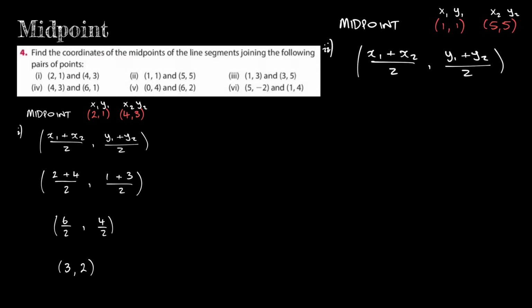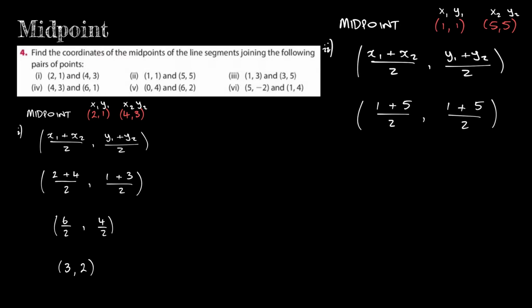Now all I'm going to do is fill in the information that I have. So I start there by opening my bracket. I've got x1, which in this case is 1, plus x2, which in this case is 5, all divided by 2. I've got y1, which in this case is 1, plus y2, which in this case is 5, all divided by 2.